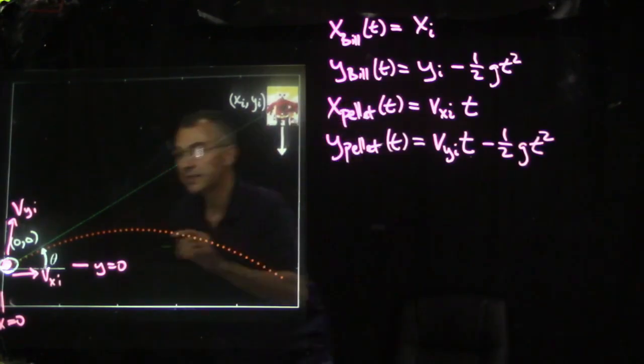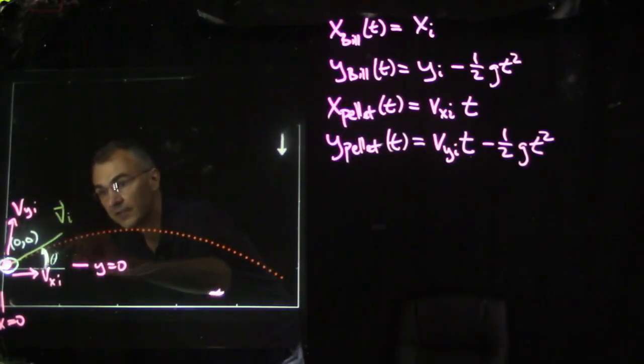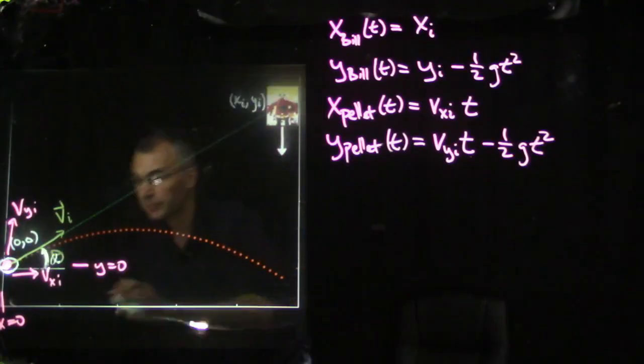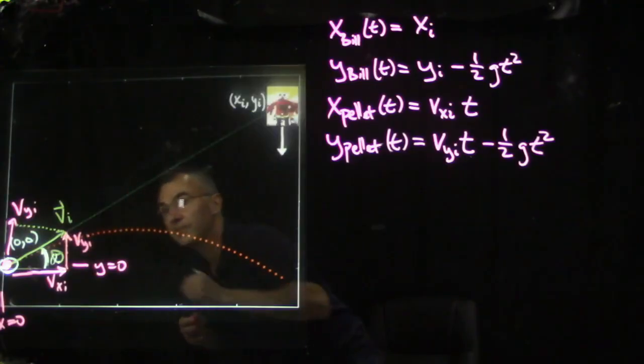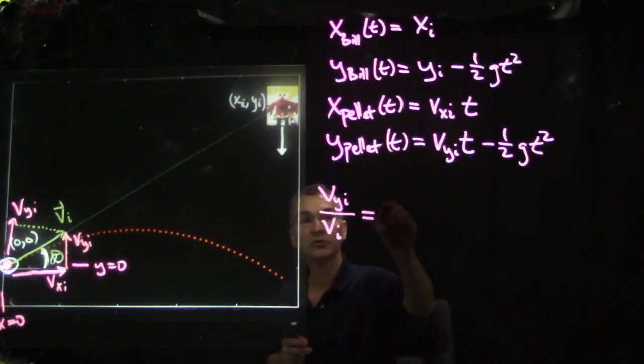Then let's do a little bit of trigonometry. Here is v initial, and here is the angle theta with respect to the horizontal at which we release the pellet. So we notice that this is also vy initial. So we can say vy initial divided by v initial is opposite over hypotenuse. So that is sine theta.